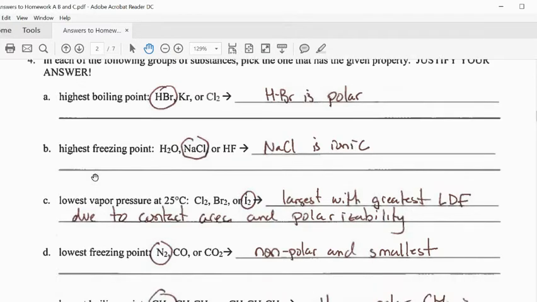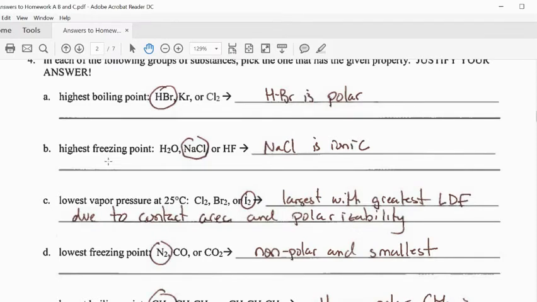Which one would have the highest freezing point? Pretty much the same question. You're still trying to break it apart. NaCl would probably have the highest freezing point. Let's realize that freezing point is actually synonymous with melting point, just from a different perspective. I'm standing on one side of the line and you're standing on the other side of the line, but it's still a line.